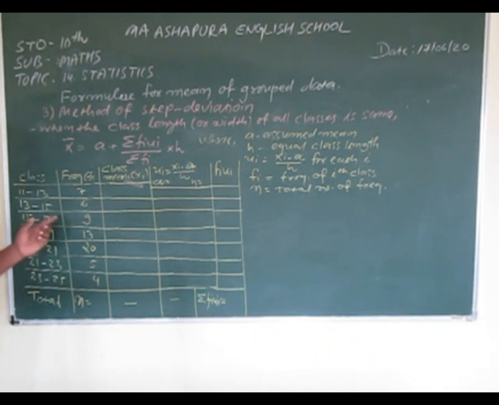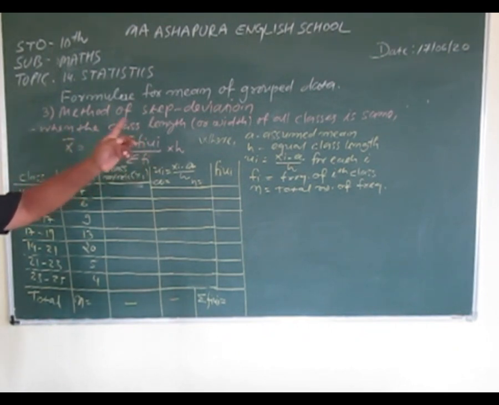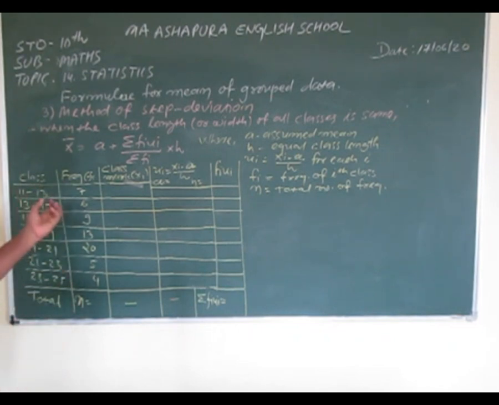For example, 13 minus 11 is equal to 2, 15 minus 13 is equal to 2, 19 minus 17 is equal to 2, 21 minus 19 is equal to 2, and 25 minus 23 is equal to 2. So the first necessary and essential condition is that the class length or width of all the classes is the same, then we can use the step deviation method.